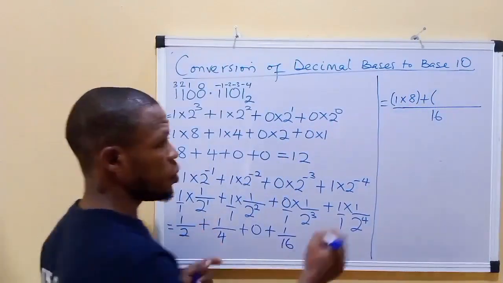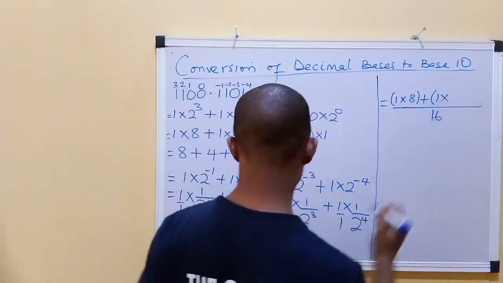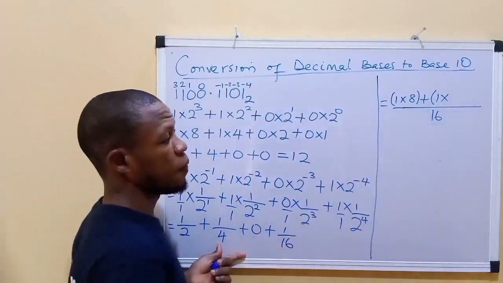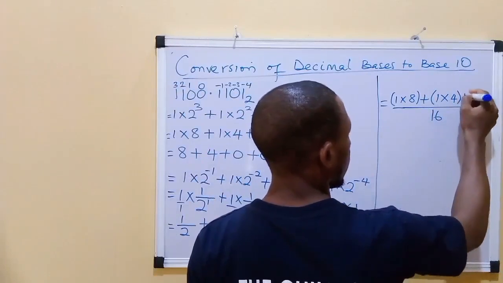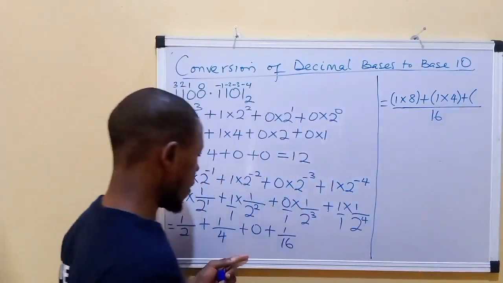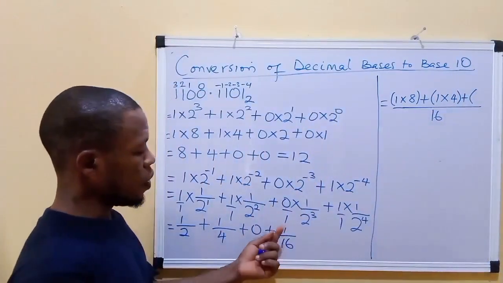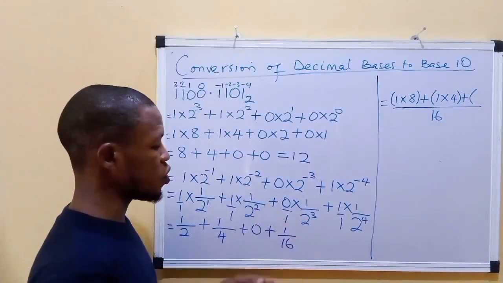Here we have 1, the numerator, times 4, 16 divided by 4 gives us 4, plus, let's eliminate 0, 16 divided by 16 gives us 1.